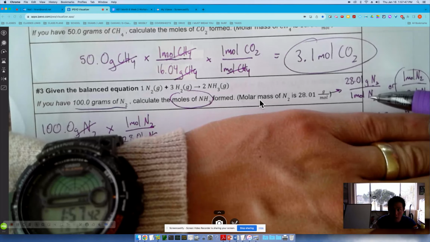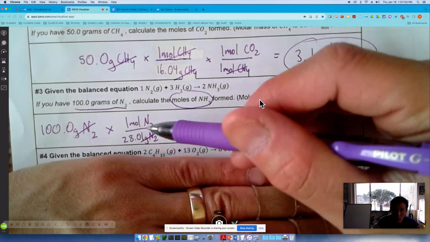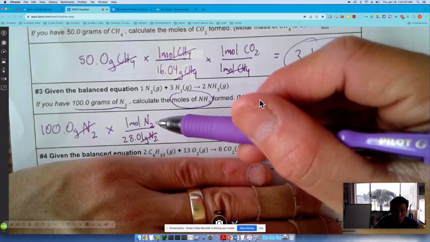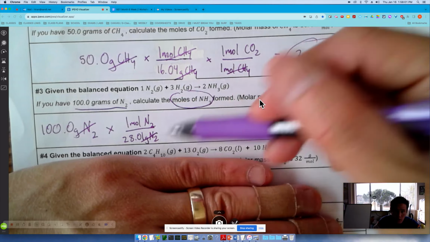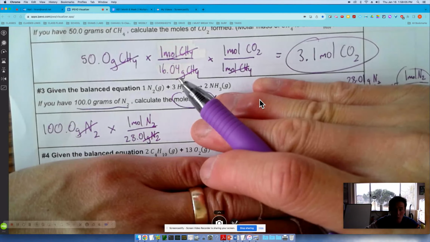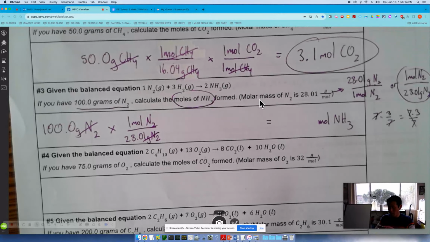If I used this version, that would not have happened. Notice that here, that is not grams on the bottom. That is moles of N2. Imagine this version flipped with this, moles of N2 on the bottom and grams of N2 on the top, there would be no canceling out, okay? If I stopped right here, 100 divided by 28.01, that's about 5 moles of N2. What do I mean by that? Oh, sorry. Let me grab my calculator first.